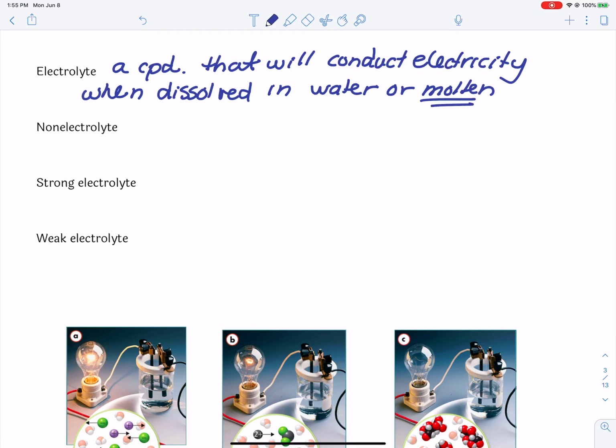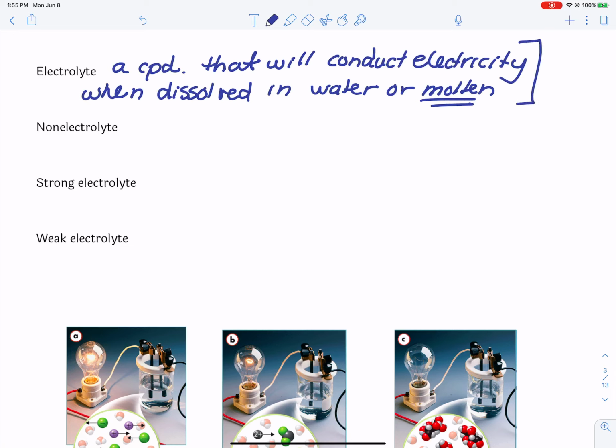Molten is the word we use for the liquid phase of matter when the substance is a solid at room temperature. So, metals, you often hear that word molten used with iron, because iron is a solid at room temperature. We don't say molten water because water is liquid at room temperature. So molten means heated up to become a liquid when it is a solid at room temperature.